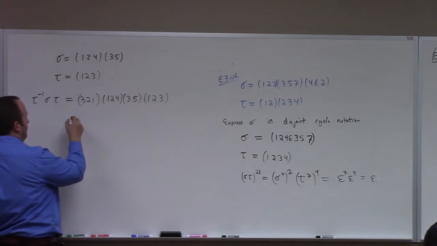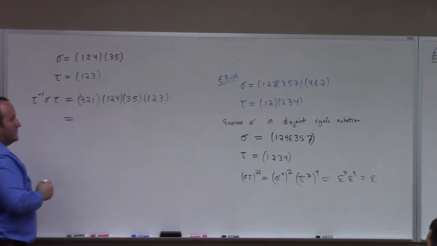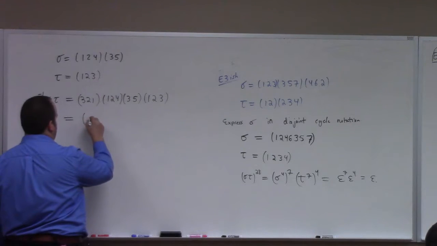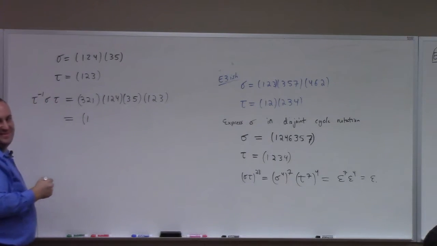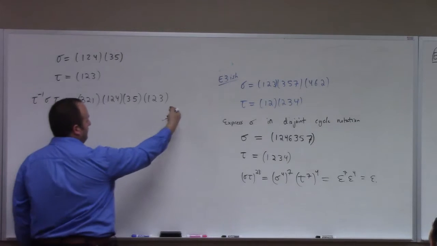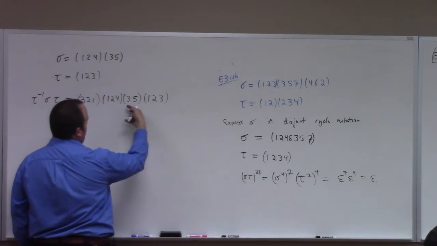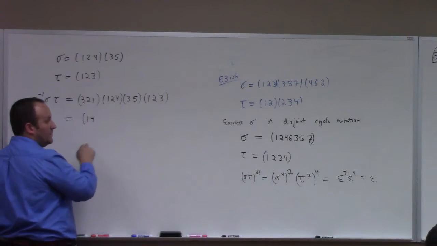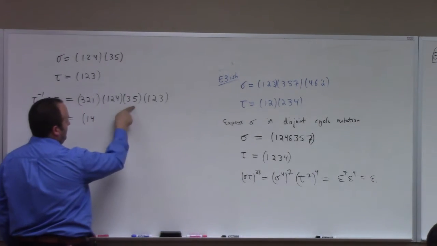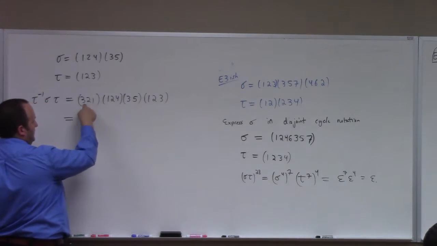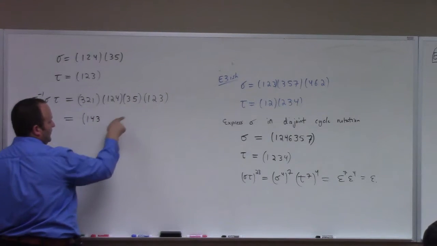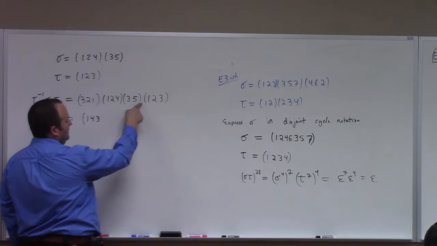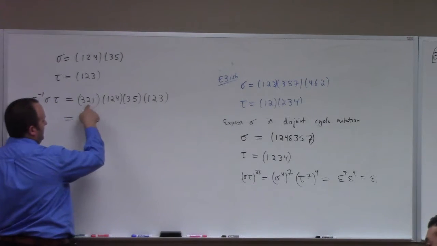So what do we get? I guess I'll start out with 1. 1 goes to 2, goes to 4, right? 4, nowhere, nowhere, goes to 1. 1 goes to 3, 3 goes to 1, goes to 2, goes to 1.